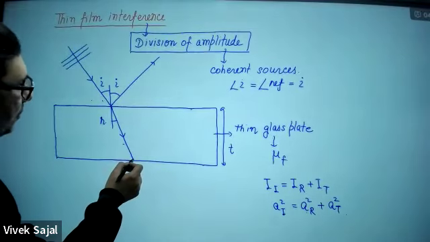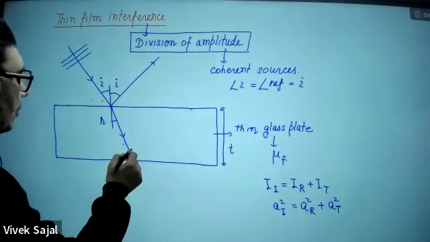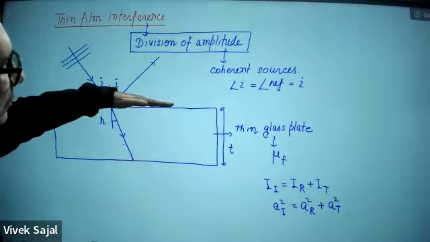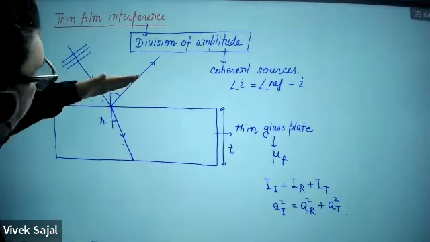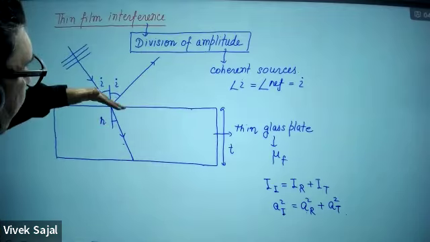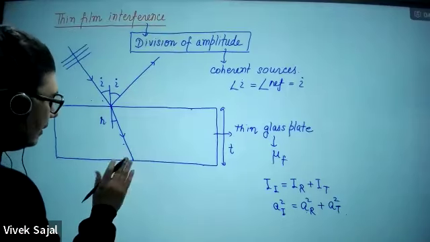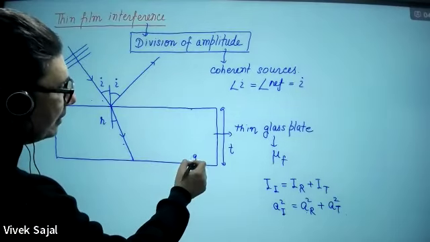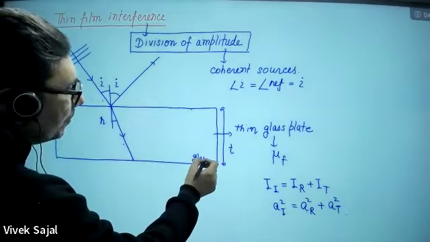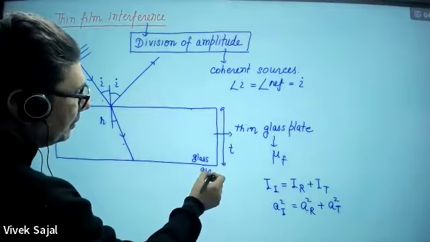Now, from this point, what is going to happen? This is the second interface. This was the air-glass interface, so first refraction and first reflection take place here. And here, this is the second interface, the glass-air interface.